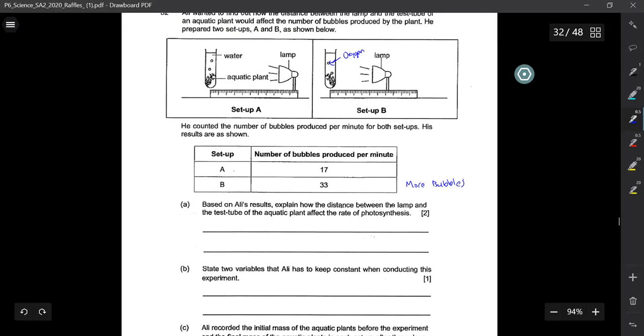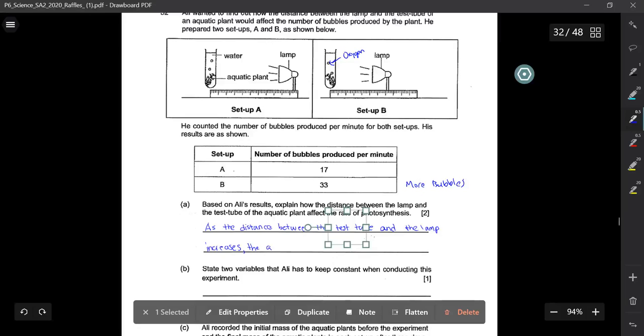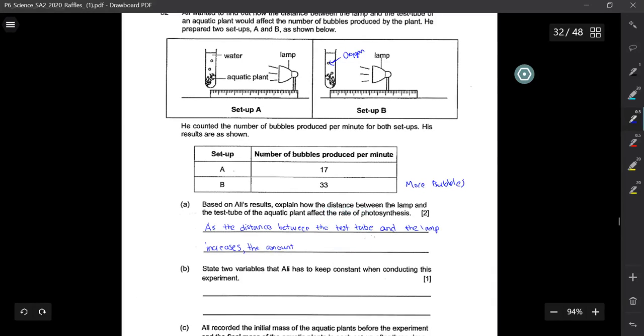As the distance between the test tube and the lamp increases, the amount of light the plant receives decreases, right?